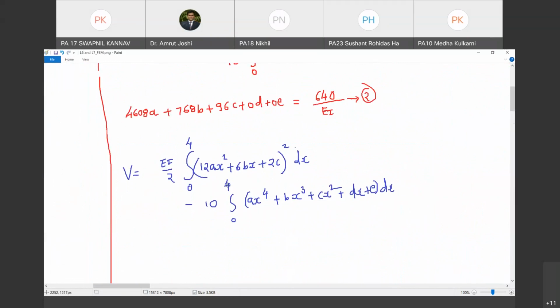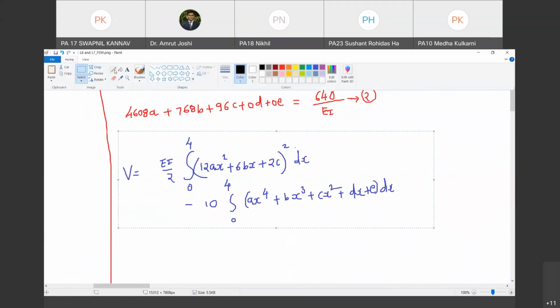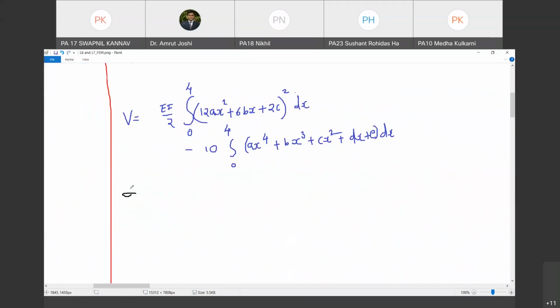And what I'm going to do now is differentiate this with reference to C. So I'm going to have dou V by dou C equal to 0.